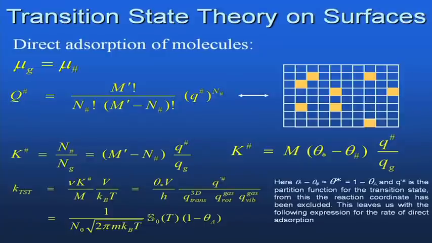Okay. So this leaves us with the following expression for the rate of direct adsorption. So this is the rate constant, and similar, but the thing is that this is S0t. S0t is something different. So what is that?